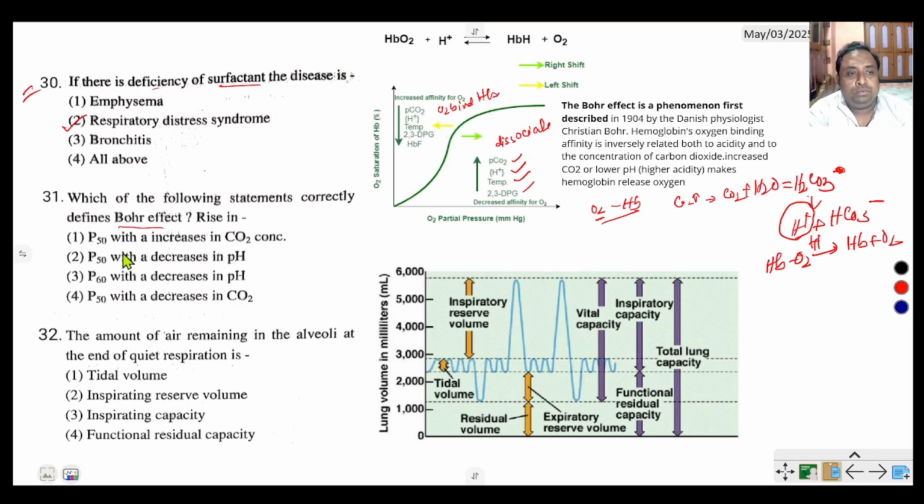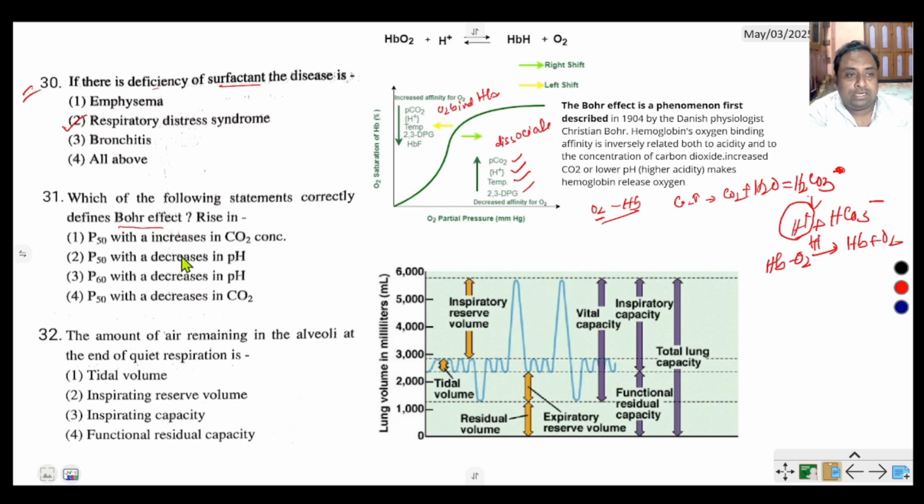Clear? P50 with the increase in CO2 concentration. P50 means partial pressure 50. P50 with decrease in pH, and P50 with decrease in CO2.